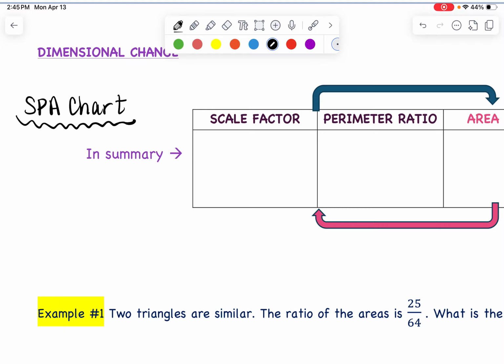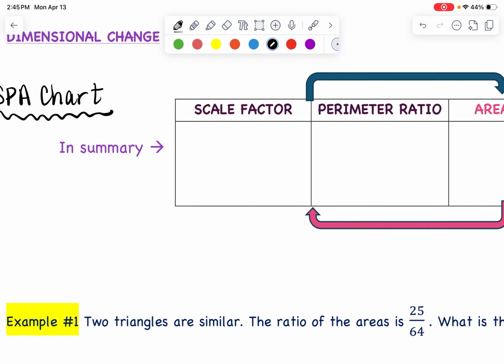And almost all of the students that miss the questions do it because they don't create a SPA chart, which takes like 5 seconds of time, but it organizes all of your dimensions and gives you all of those numerical changes in a lovely chart form so that you don't forget what you're doing, okay? Because most people don't take into account dimensional change.